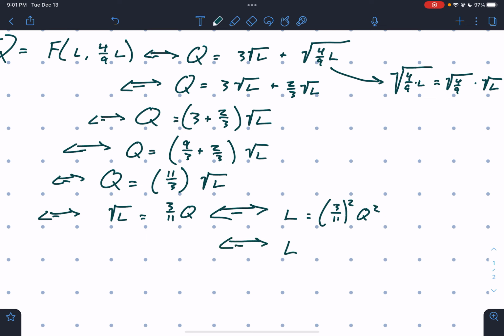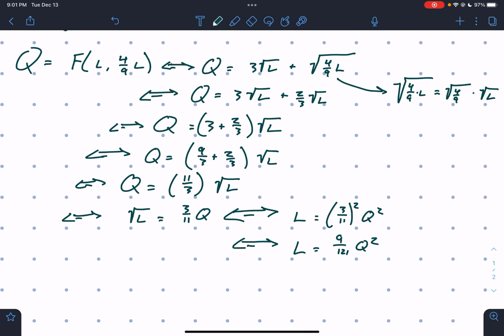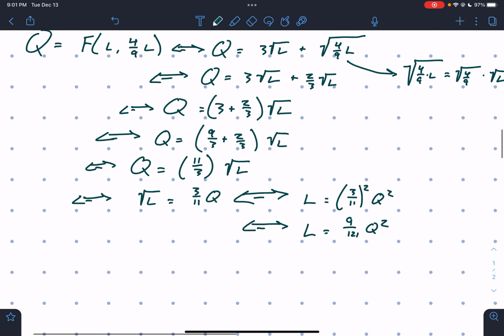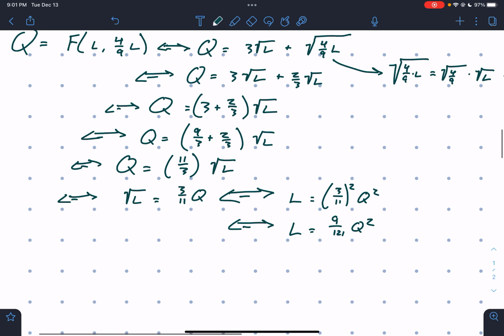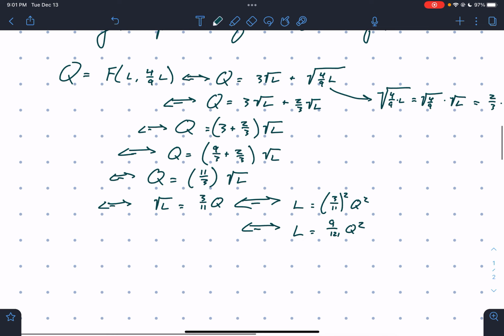So L is equal to 9/121 Q squared. Okay. So this tells me my optimal level of L given that I want to produce Q. And yeah, so L of Q is equal to 9/121 Q squared.